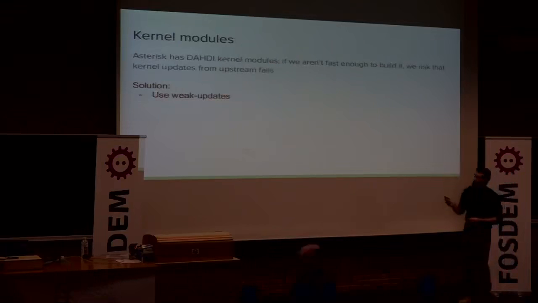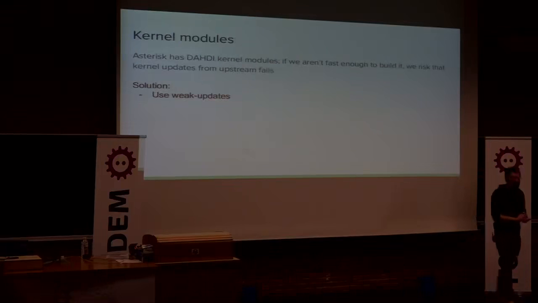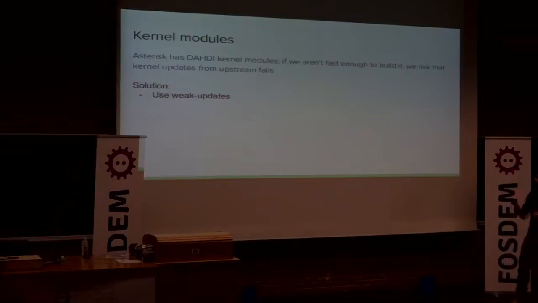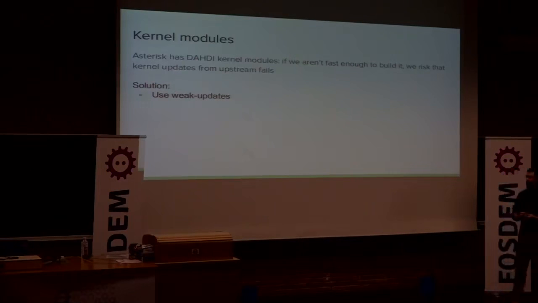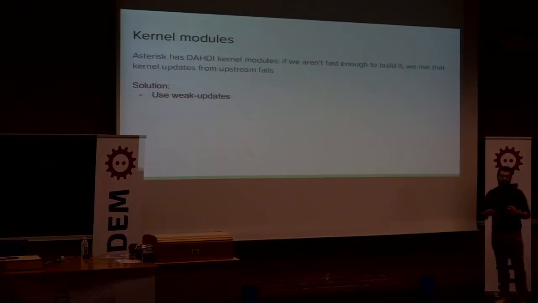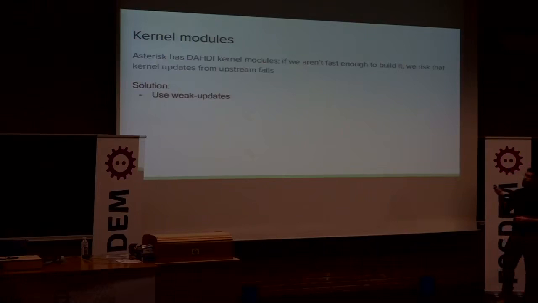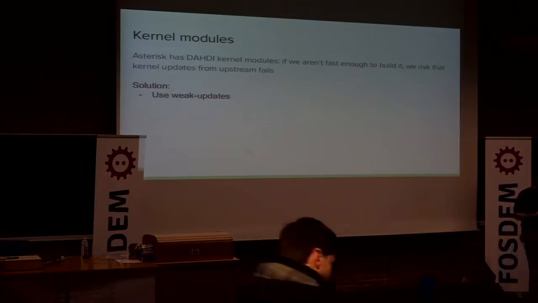Okay, another issue is that Asterisk has a few kernel modules that are used for timing and for internal hardware. When you use those modules, if there is a kernel update, it doesn't depend on you, but in our case we use the upstream kernel, so we can know when a kernel will be updated. Substantially, the update is broken if you don't rebuild the kernel modules.